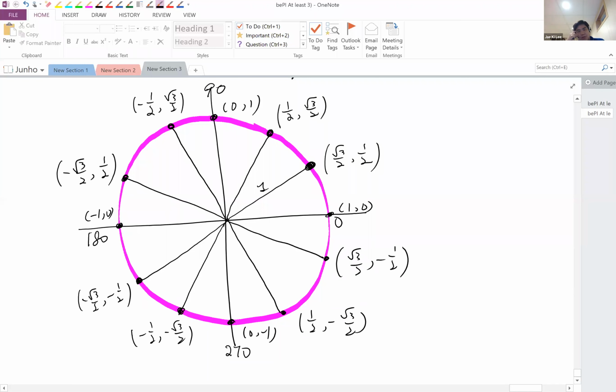Okay, I don't want you to memorize it, but if you look carefully, all these values are repeating: root 3/2 and then 1/2, and this one just switches the location. But anyway, the 30, 60, 90 case is always either root 3/2 or 1/2.